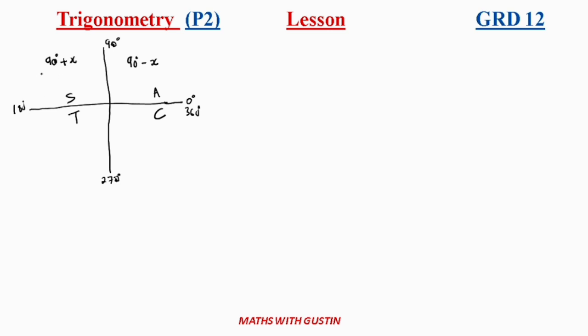And this is before 180, so you're going to have 180 minus. Once you go above 180, you're going to have 180 plus. So guys, this is how you would remember this. This is before 270, so you're going to have 270 minus. Once you go above here, you're going to have 270 plus.